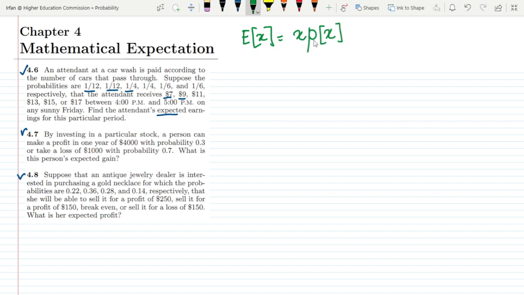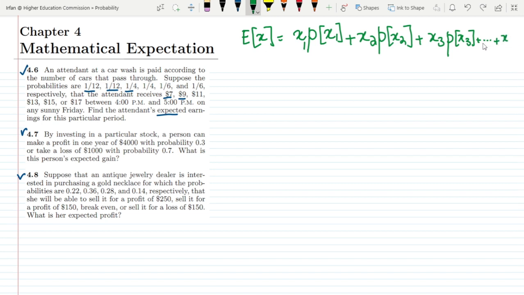If we have multiple random variables, then we find the expected value by writing the first random variable, multiplying it with its probability, and adding the second random variable multiplied with its probability, then x3 p(x3), until we reach the last random variable, that would be x of n.